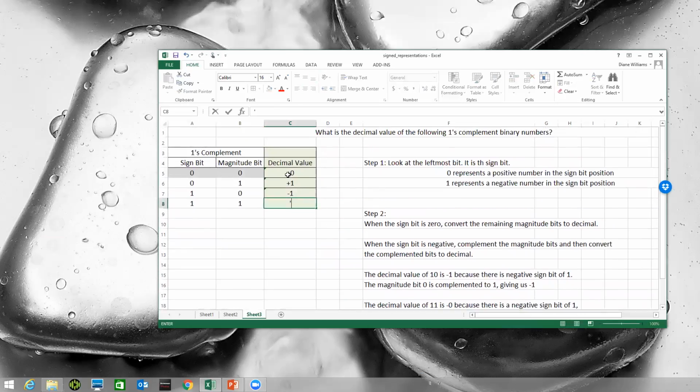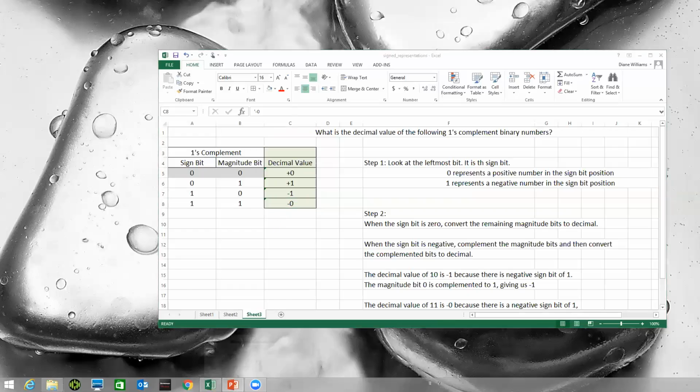So here, minus 0. Right. Now, you can see with the ones complement scheme, we have the same problem that we did with sign magnitude. We have a plus 0 and a minus 0. So we'll eventually go on to a 2's complement scheme to get rid of this problem.